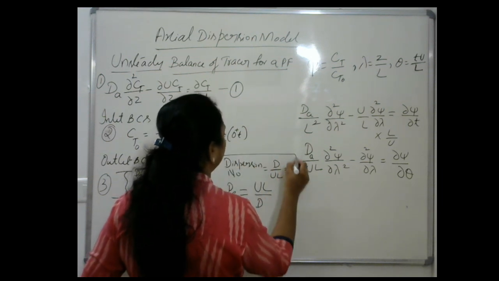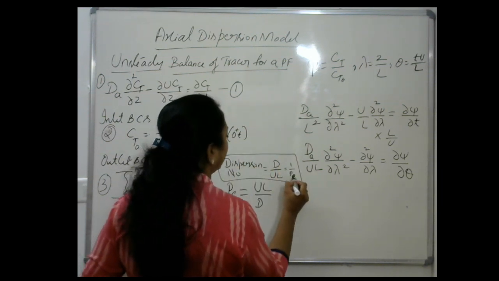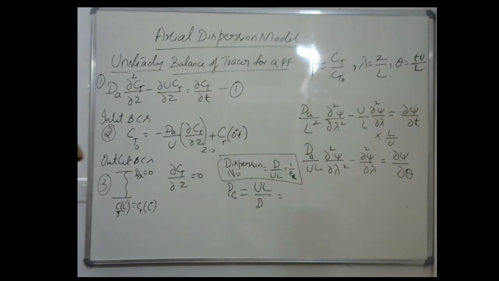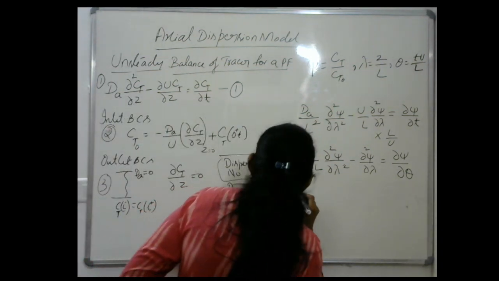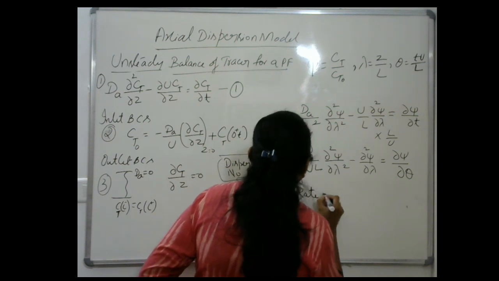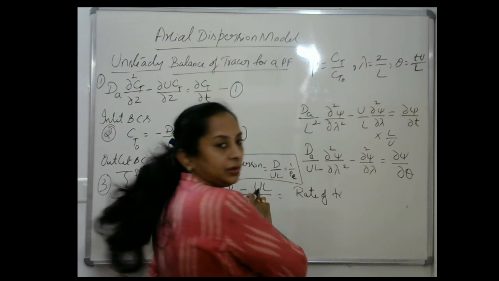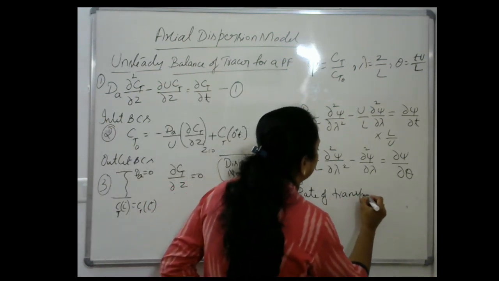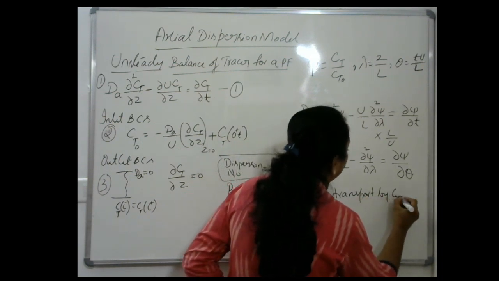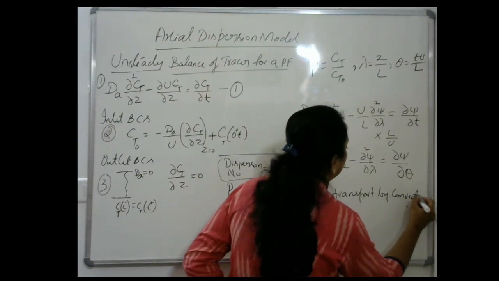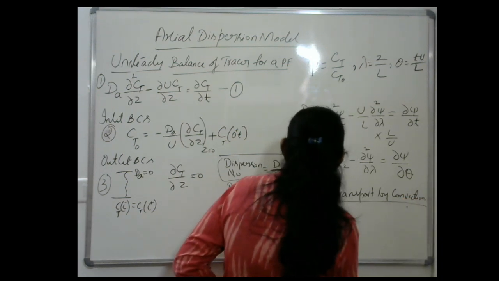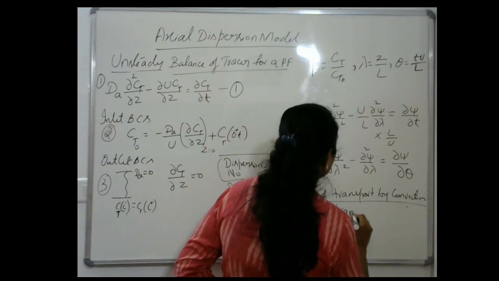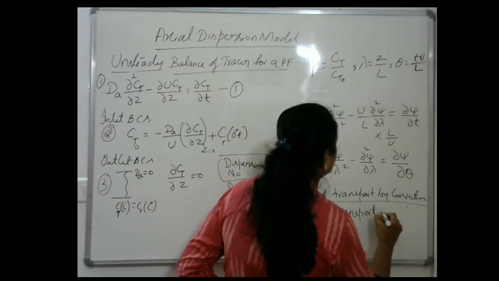If you remember this, it is fine, and if you remember that, it is also fine. And what is this UL by D? It is the rate of transport by convection, where U is velocity, divided by the rate of transport by diffusion.